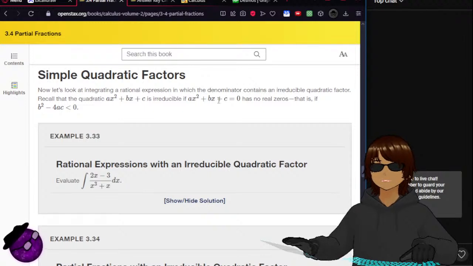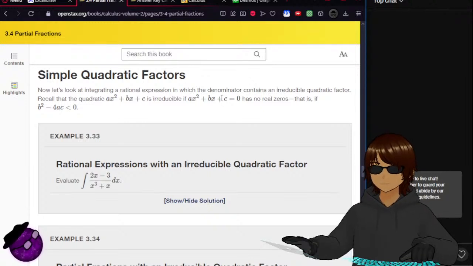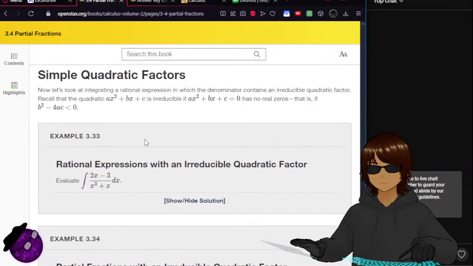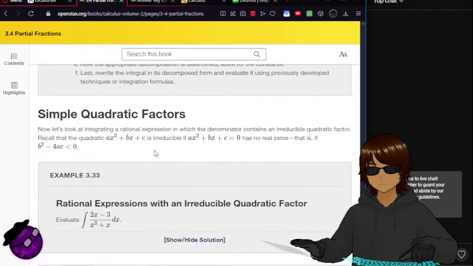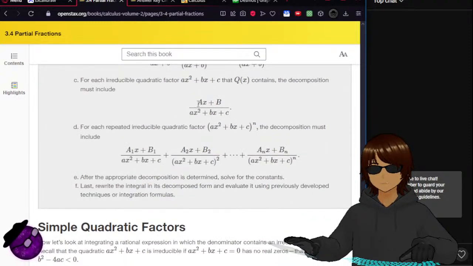Oh, I see, then you can't separate it. The decomposition must contain Ax plus B.